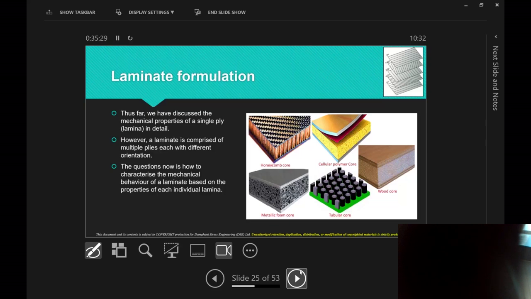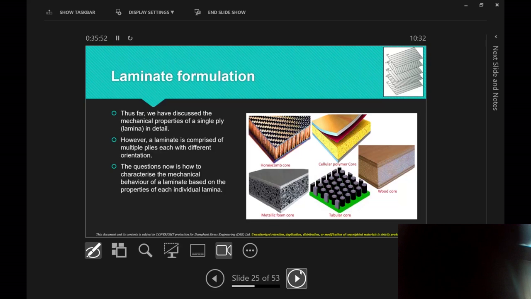That 90, I need to worry about it because the 1 and 2 directions are not the same as x and y. So I need to use that transformation matrix to convert everything into that x and y direction. That 45, yet again, I've got to worry about this because 1 is that way, x is that way. So I'm dealing with each individual ply.